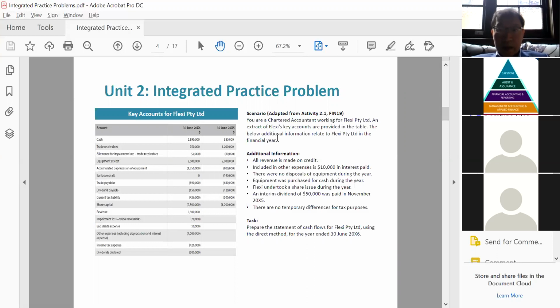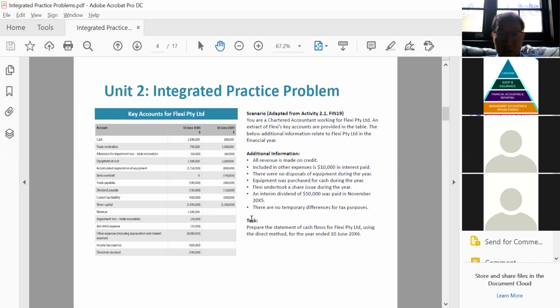Okay, and in addition, we have some further information for the financial year, which is that all revenue is made on credit. The other expenses section, which is here, includes 10,000 in interest paid. There were no disposals of equipment during the year. Equipment was purchased for cash.